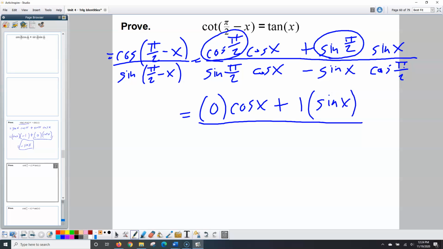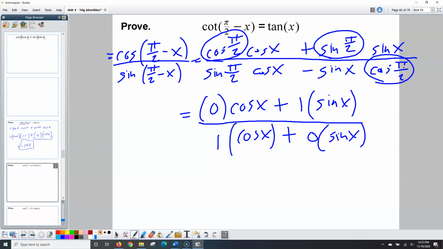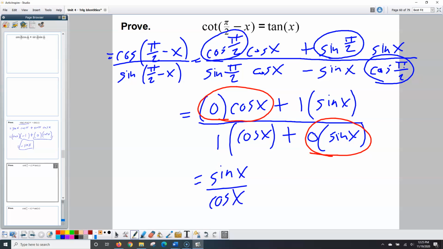On the bottom, we just said sine of pi over 2 is 1 times cosine of x, plus that is 0. So things will cancel out for us, that's 0. That's 0. So that just means that I'm left with sine over cosine, which is tangent of x.